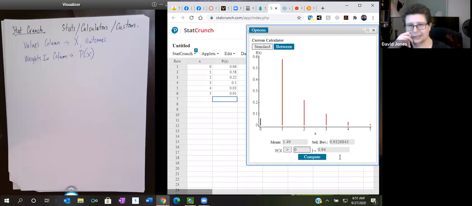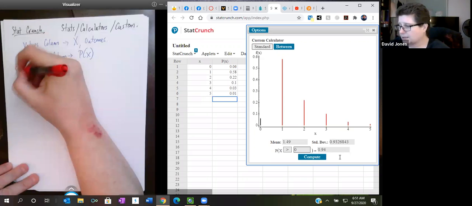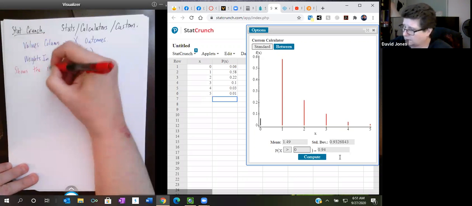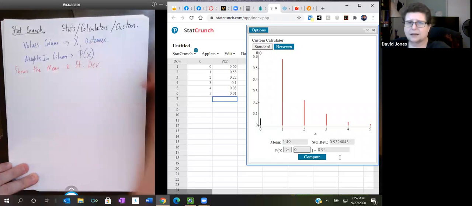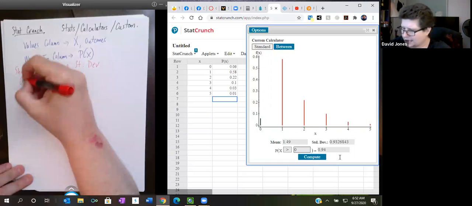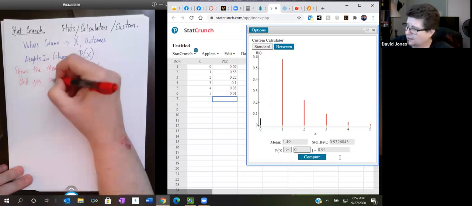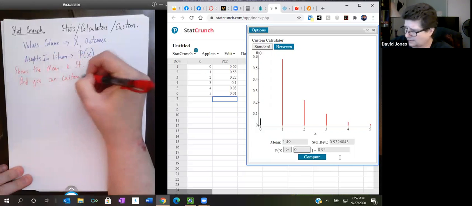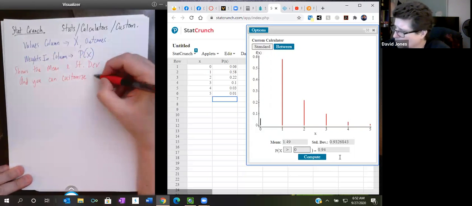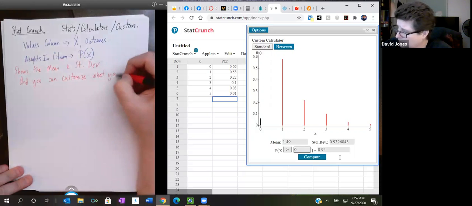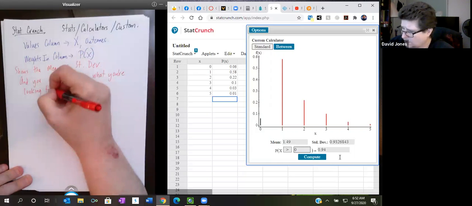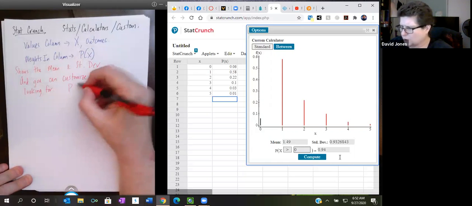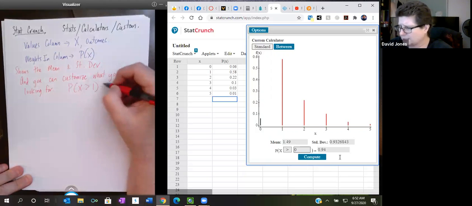Also on this screen, so let me write that down. It shows the mean and standard deviation. And you can customize categories or customize what you're looking for. Do you want to know the probability that X is greater than 1?